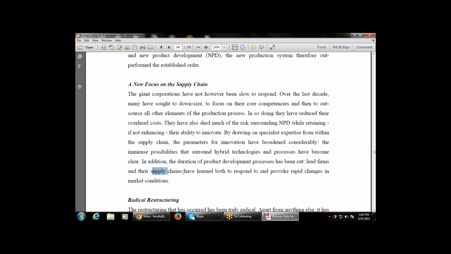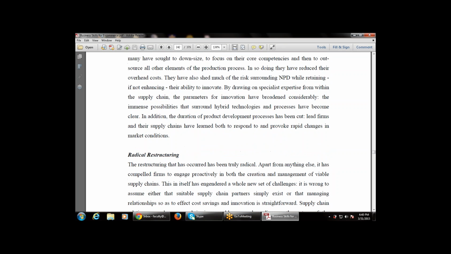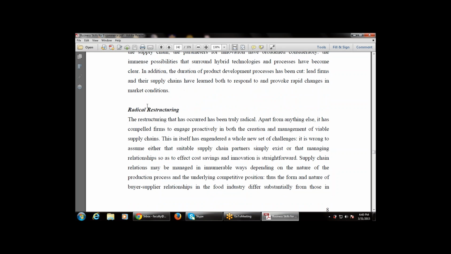And there is a demand for supply chain management that responds to rapid changes in market conditions. Then next is radical restructuring. That is, a supply chain has been reconstructed, or there is a demand for the restructuring of the supply chain. The restructuring that has occurred has been truly radical. Apart from anything else, it has compelled firms to engage proactively in both the creation and management of viable supply chains.